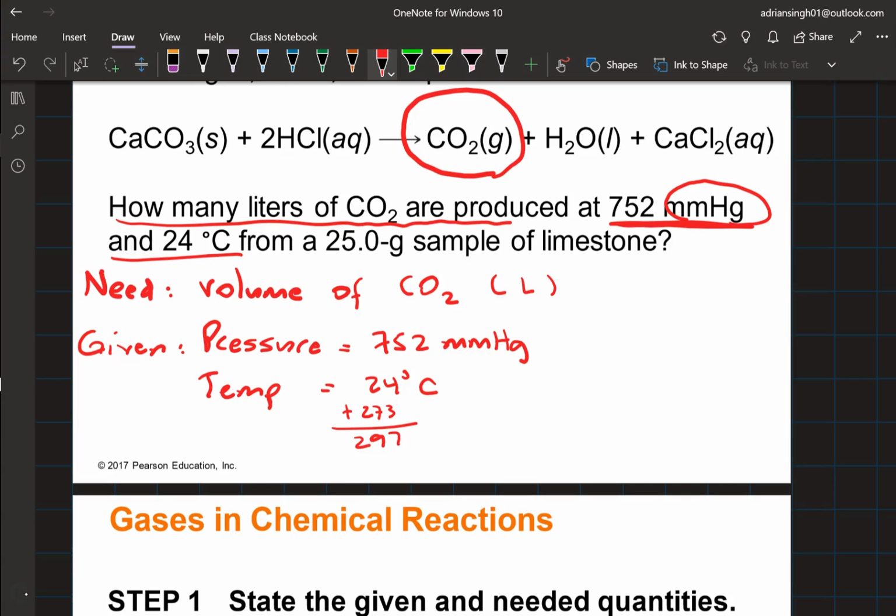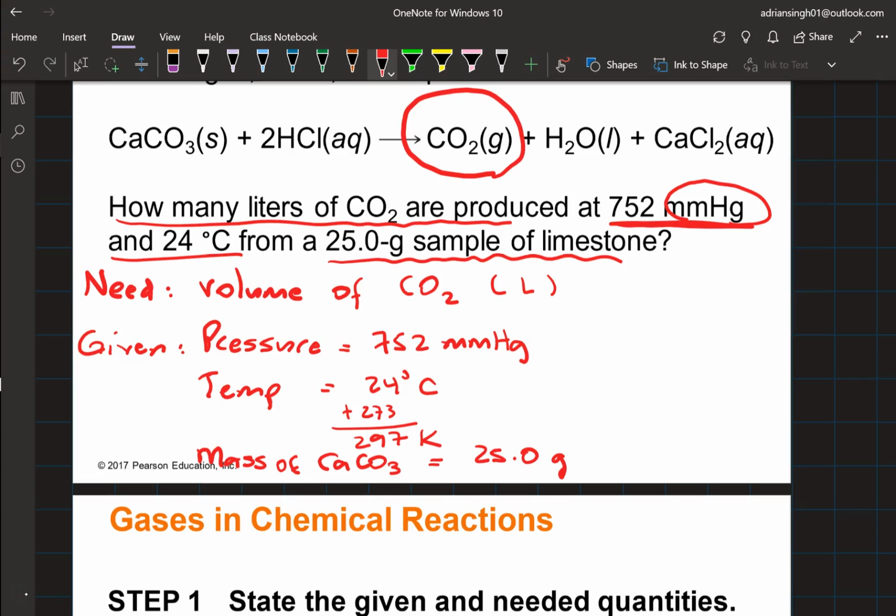So that gives us 297 Kelvin. And then we are told that we have a 25-gram sample of limestone. So we have the mass of the CaCO3, calcium carbonate, as 25.0 grams. Those are all the things we were given.